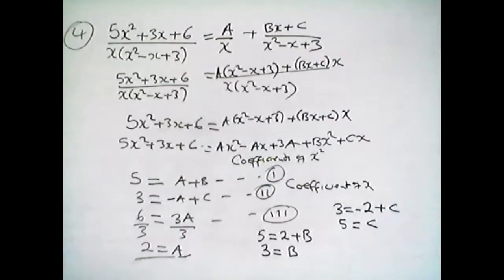Okay, so a is 2, b is 3, and c is 5. So we can conclude.